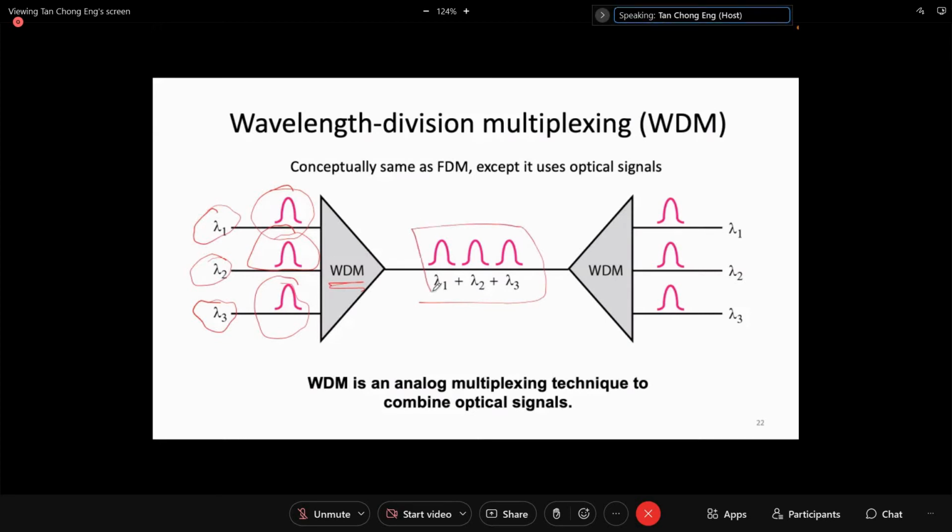Towards the end, there's a demultiplexer. This is the MUX, this is the DEMUX. Then the demultiplexer lets you get all the signals again. This is exactly what happens in wavelength division multiplexing, and it only happens in fiber optics, when your transmission source is not an electrical signal but a light.